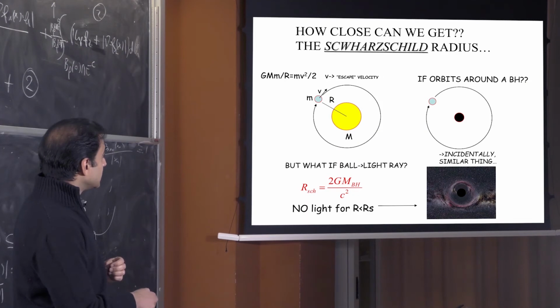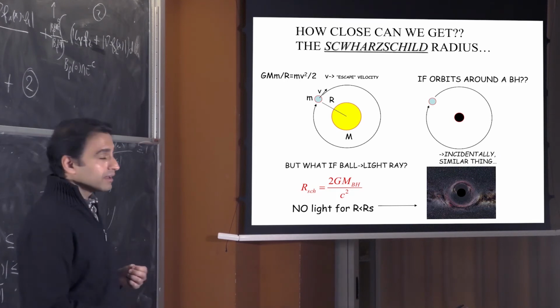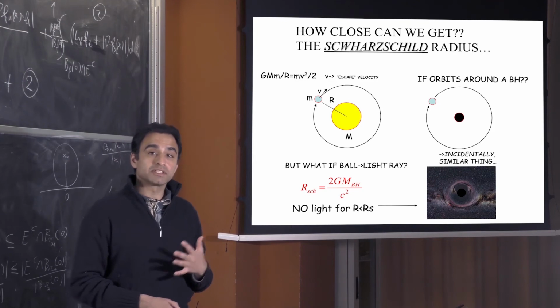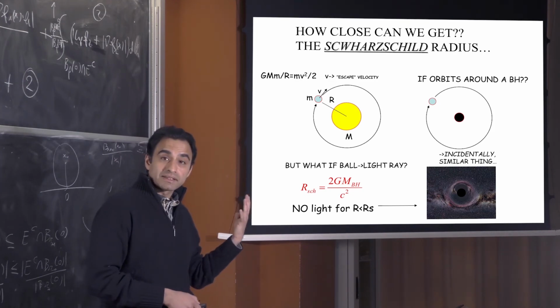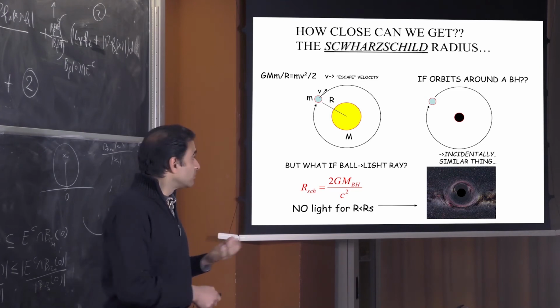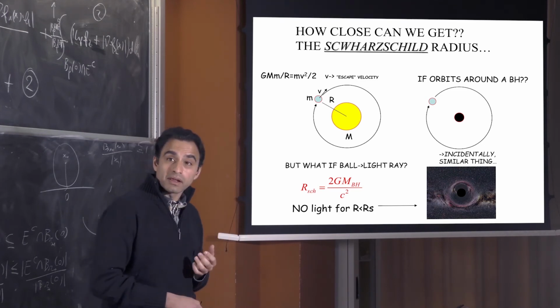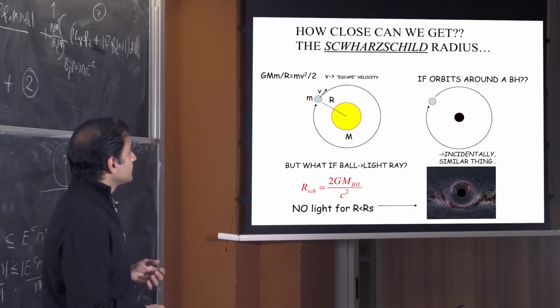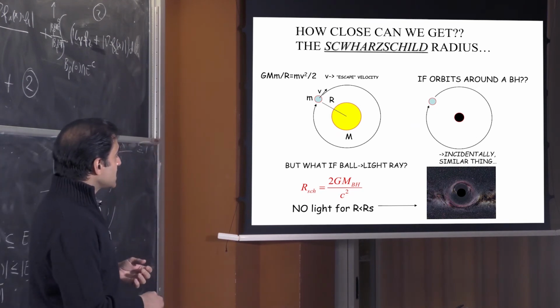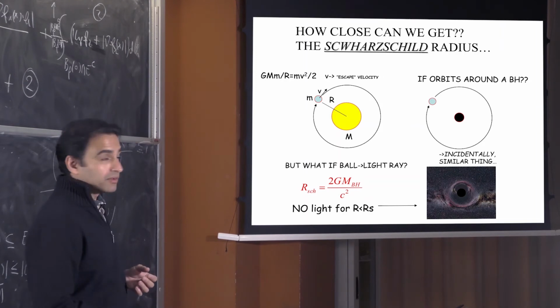This is in equilibrium, so you can equate gravitational force and centrifugal force, and from this equality you can get the so-called escape velocity. What that means is that for this mass to escape the gravitational pull of planet M, you will need a velocity that is at least larger than that. What happens if the same mass M orbits around the black hole?